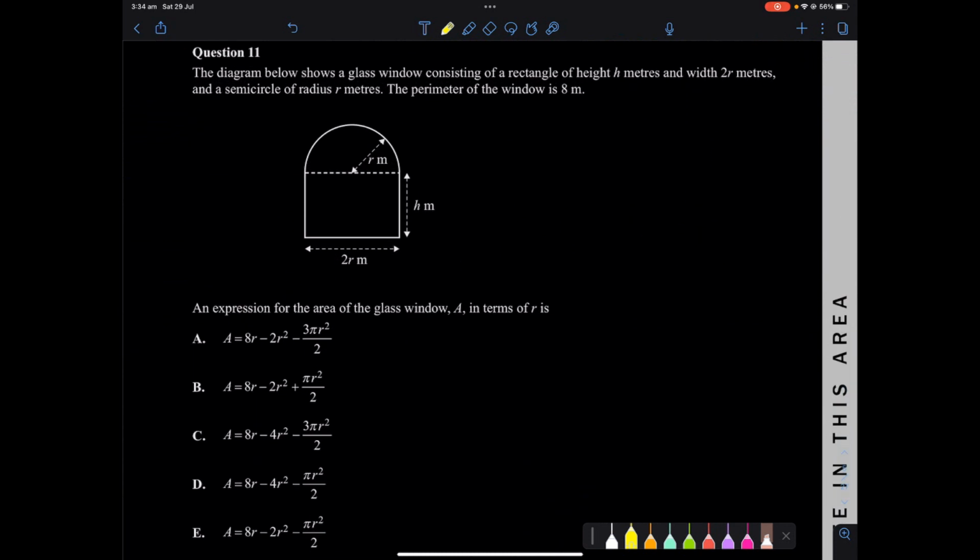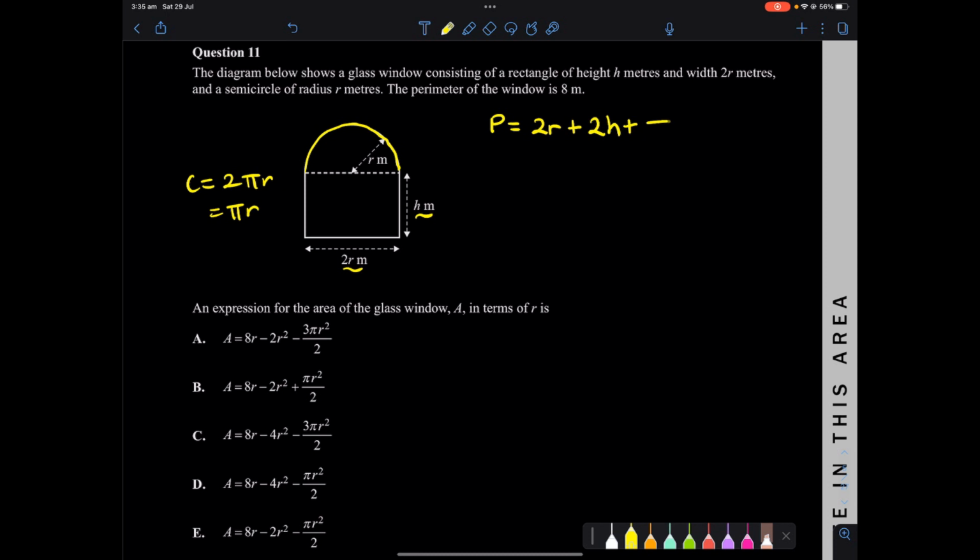Question 11. The diagram below shows a glass window that consists of a rectangle of height h and width 2r, and a semicircle of radius r. The perimeter is given. The expression for the area of the glass is... Because we're given the perimeter, let's first find the perimeter. Perimeter is 2r plus 2h plus the curved part. The circumference of a circle is 2 pi r, but it's a semicircle, so it'll be just pi r.